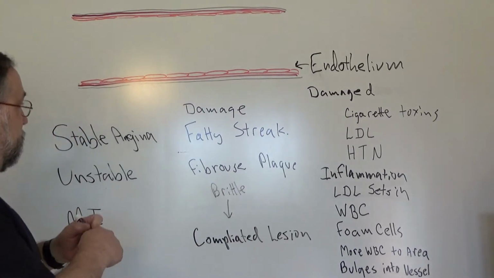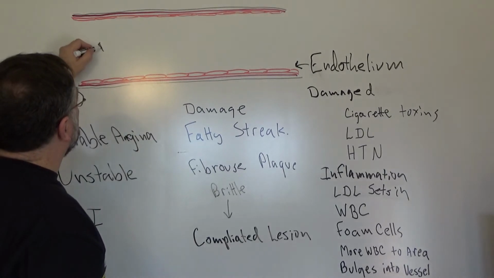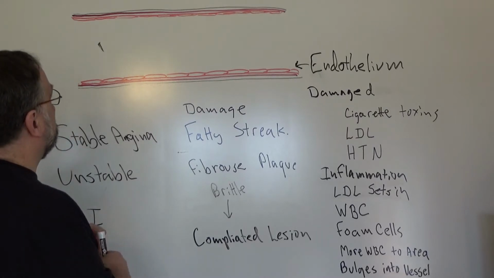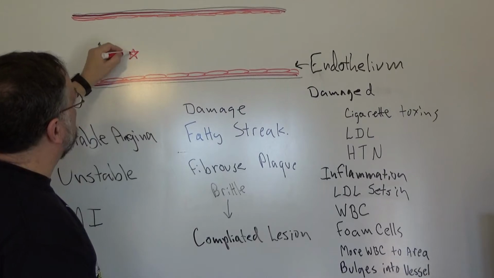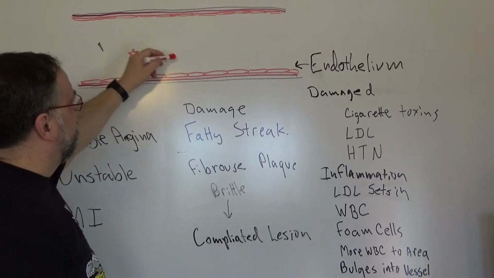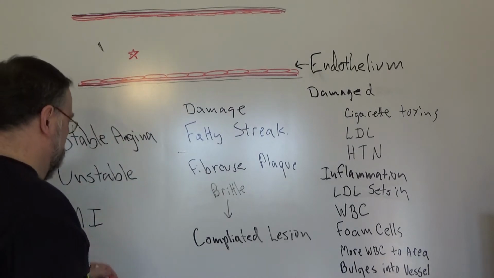So let's say you've got a cigarette toxin floating around in there. You might have some high cholesterol. I always like to draw them like a star. It's got all those points, and they're kind of hard on the edges if they come down and poke on the endothelial cells.